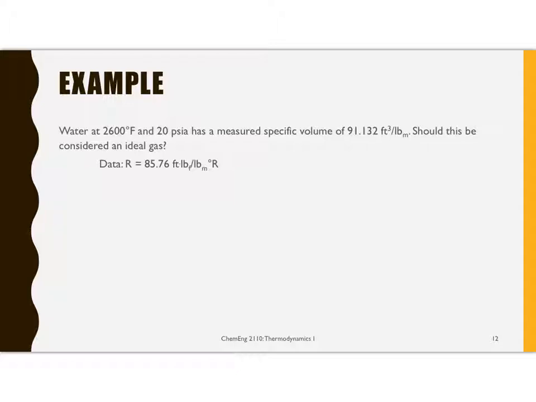And for this particular case, we can use R for water as 85.76 foot-pound force per pound mass degree R. Now, the recommended way to approach this is just say, well, what if it does behave as an ideal gas? So in that case, I'm going to use the ideal gas law.